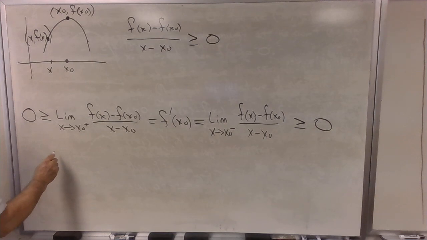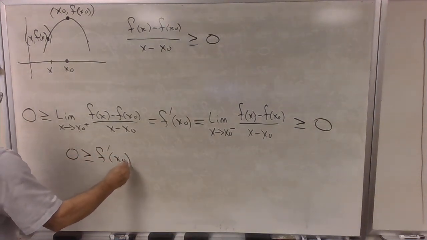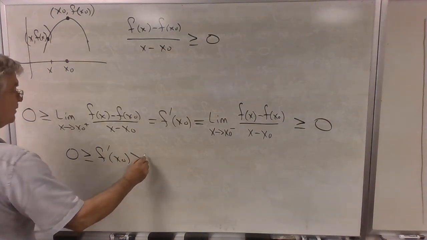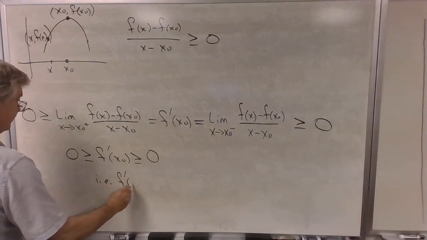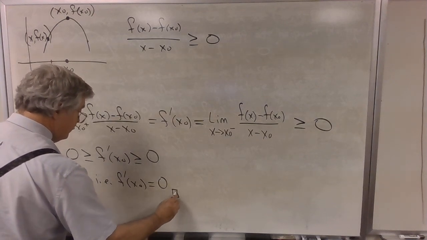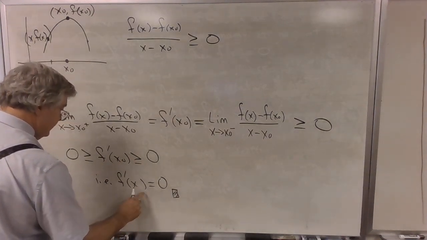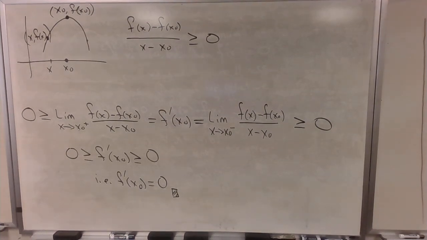So what do we have? 0 greater than or equal to f prime of x naught greater than or equal to 0. F prime of x naught is equal to 0. So if we have a relative maximum or a relative minimum and the function's differentiable, the derivative has to be 0 at that point.